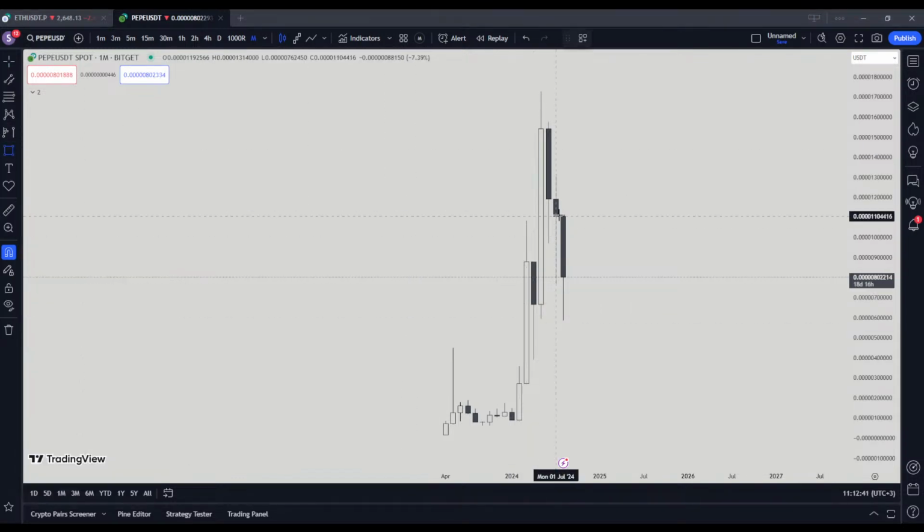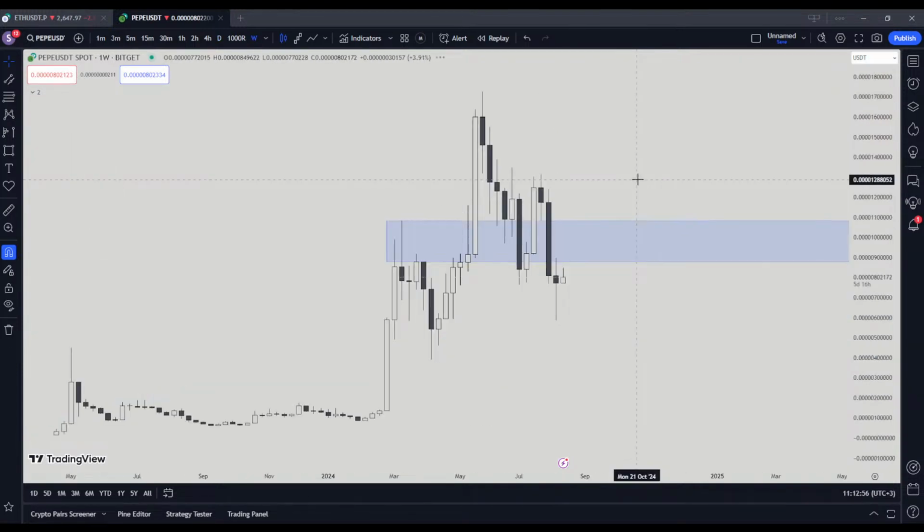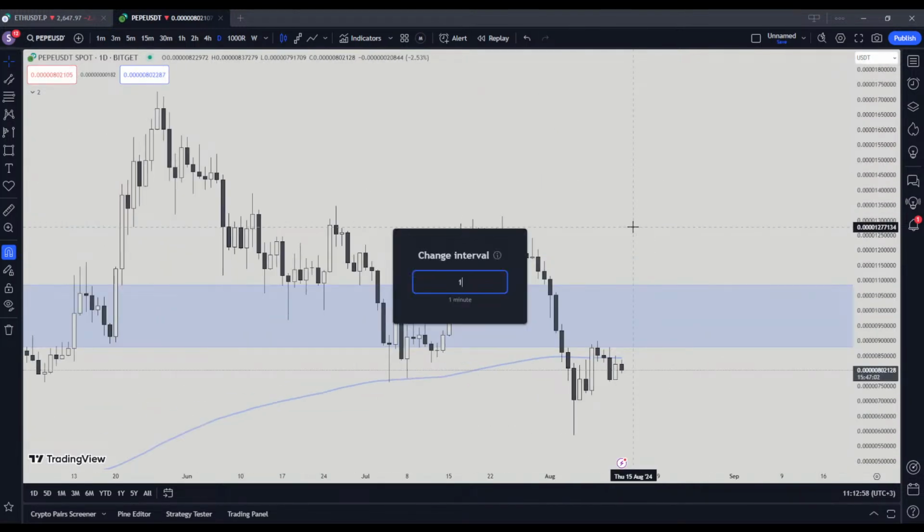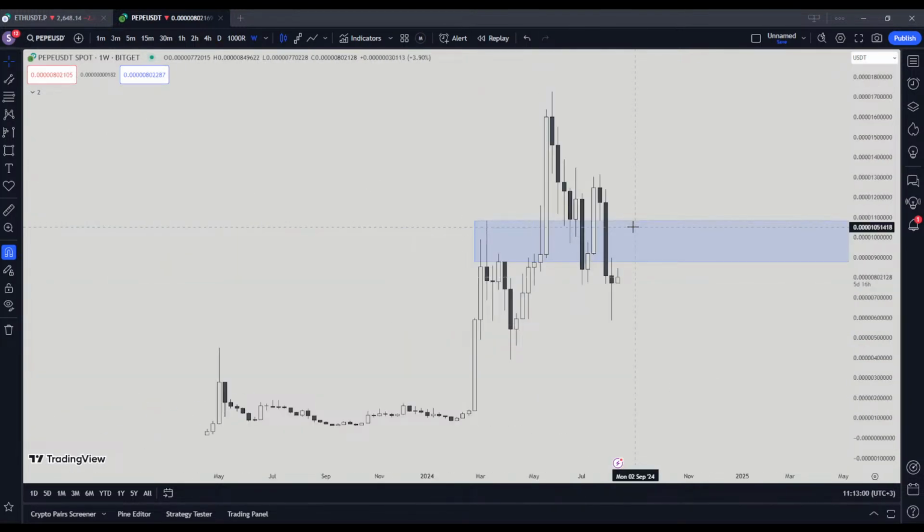I don't like it because if we don't hold this area, especially this threshold here, so let's minimize the threshold. The price should hold this area, meaning what does that mean? Well, Pepe has, and now let's go on daily. Let me, one second.